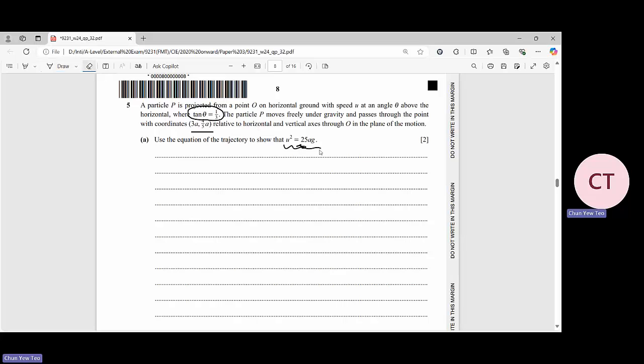So what we can do is look for the formula booklet MF19 for the trajectory equation. The trajectory equation tells you that y is equal to x tangent theta minus g x square over 2u square cos square theta. So we know that tangent theta is equal to 1/3.